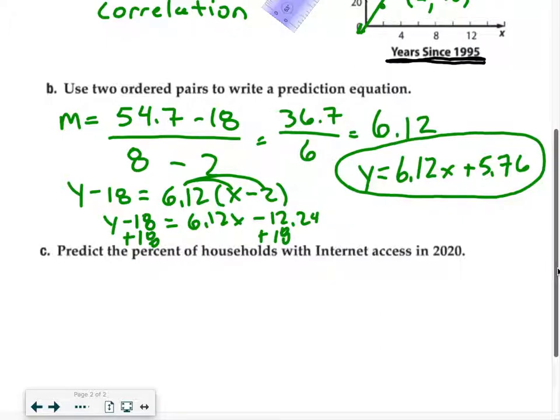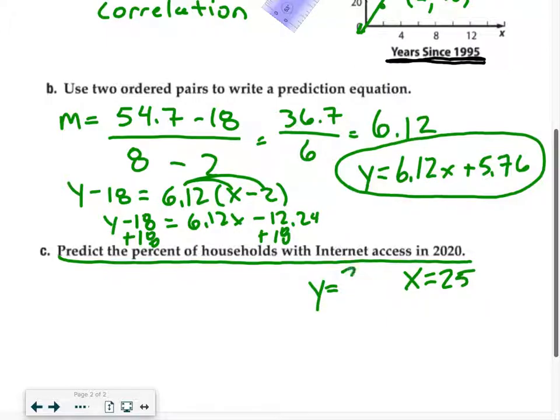And then it wants us to predict the number of households with internet access in 2020. So 2020, how many years is that since 95? That's 25 years. So this is telling me if x equals 25, find y, the percent. Okay, so I just need to use my prediction equation and substitute 25 for x.